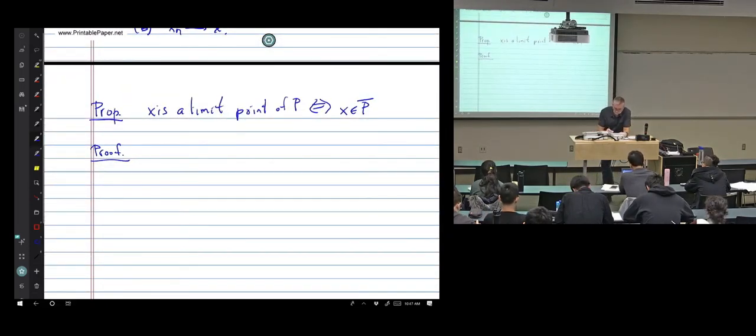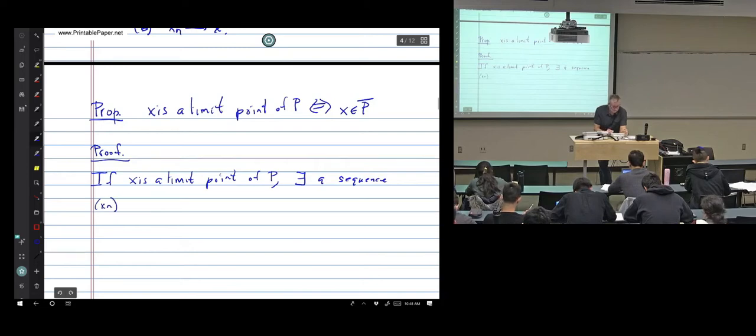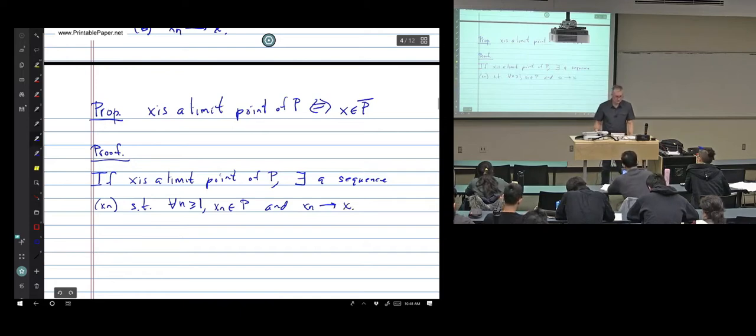Okay, so if X is a limit point of P, there exists a sequence xn such that for every n bigger than 1, xn is in P, and xn converges to X. So that's the definition.